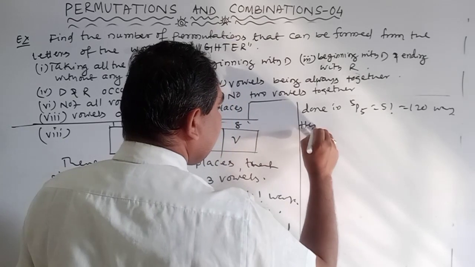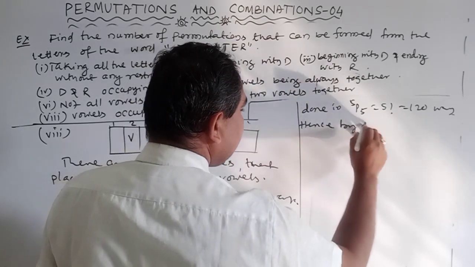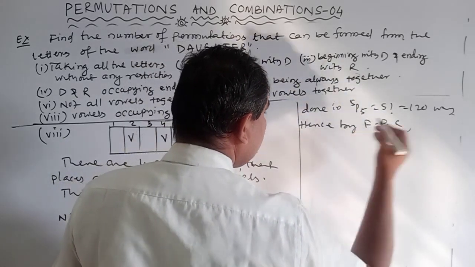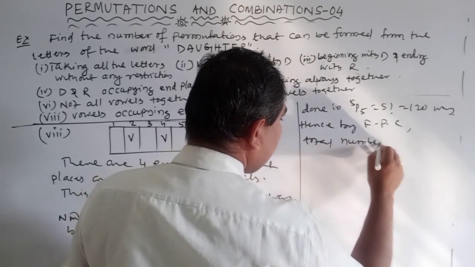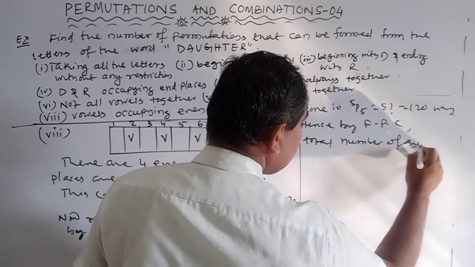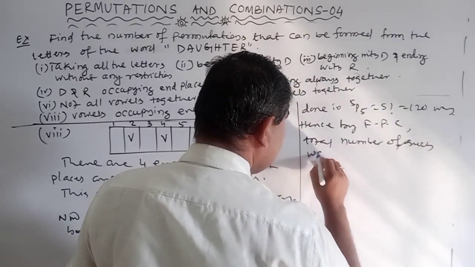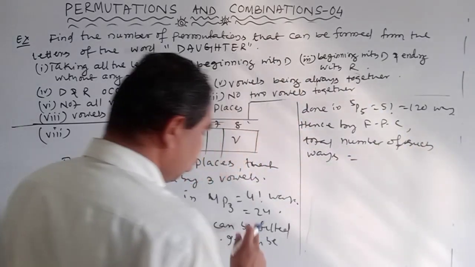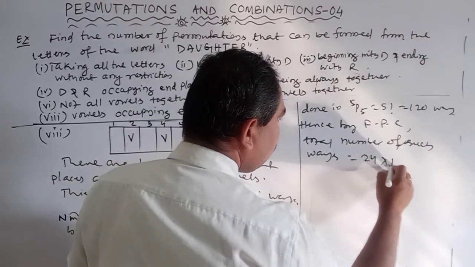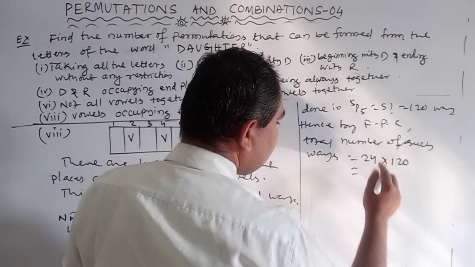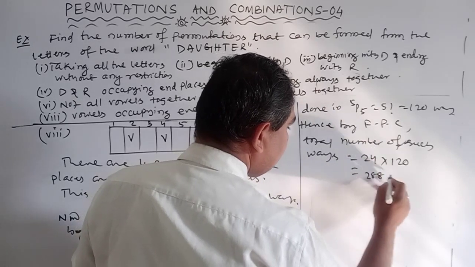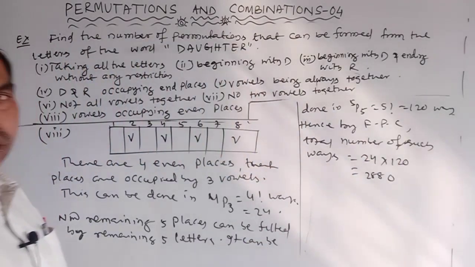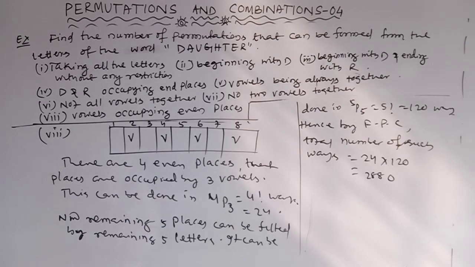Hence by the fundamental principle of counting, the total number of such ways is equal to 24 into 120, which is 2880 ways. Okay.